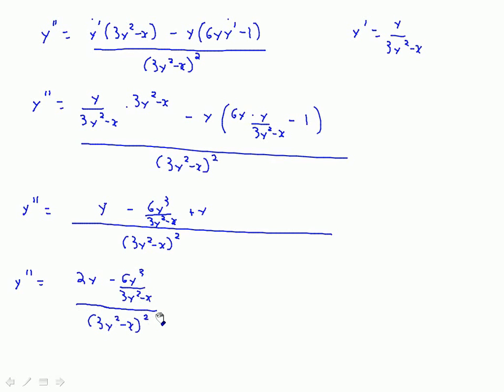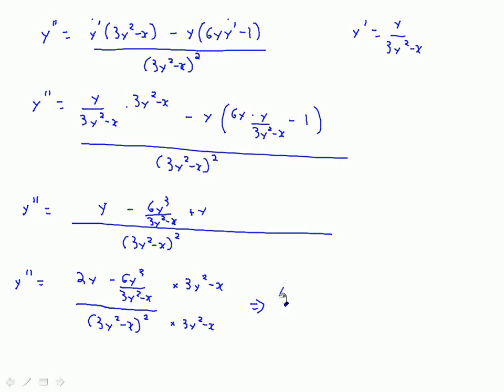Now the normal procedure with a complex fraction like this is to get a common denominator on top, simplify that expression, and then divide by the denominator. But you'll recall that you can also do that more quickly by multiplying by 3y squared minus x on top, and then 3y squared minus x on the bottom, which is the same thing.